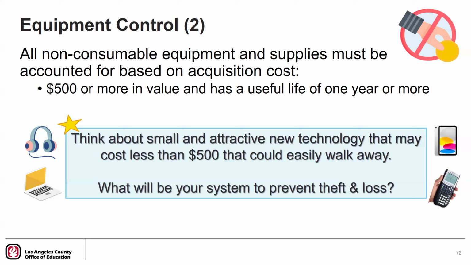What is your system to prevent theft and loss of these items? A suggestion you may want to consider is to include these on an inventory list as well. And you may have a separate inventory to account for these items that also may be part of your system to prevent theft and loss.